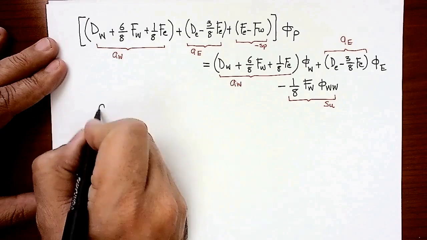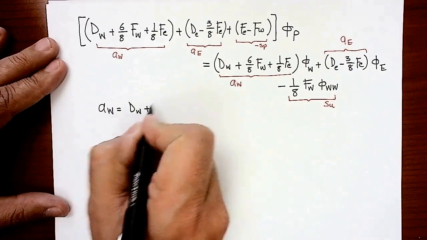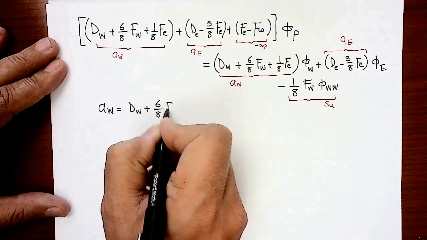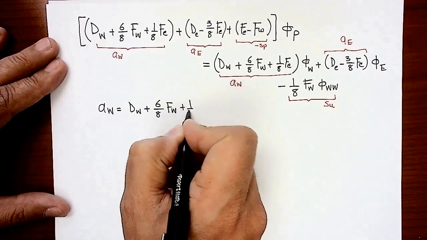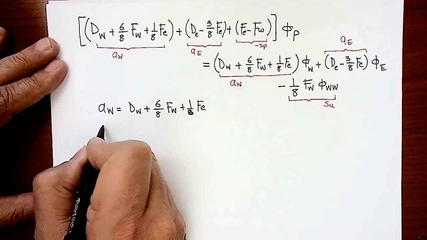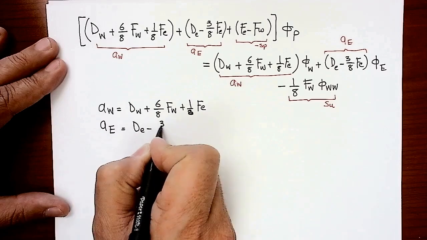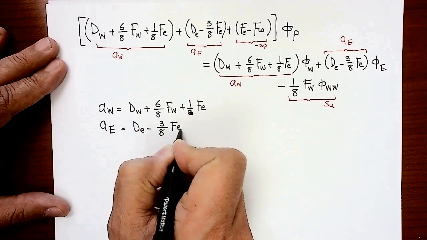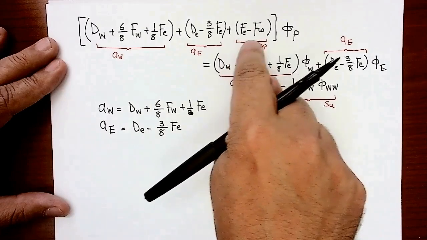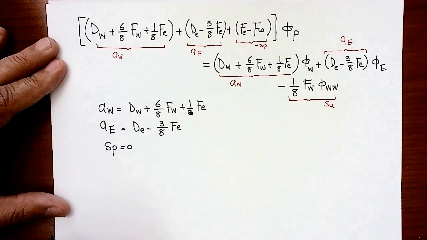So if I write down here, A west is equal to D west plus 6 over 8 F west plus 1 over 8 F east. Then I have A east is equal to D east minus 3 over 8 F east. For the continuity, this is going to be 0, so SP is actually equal to 0, right?